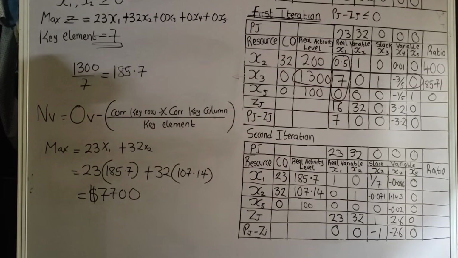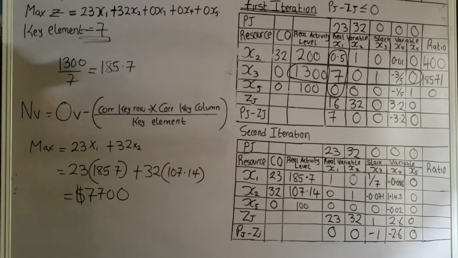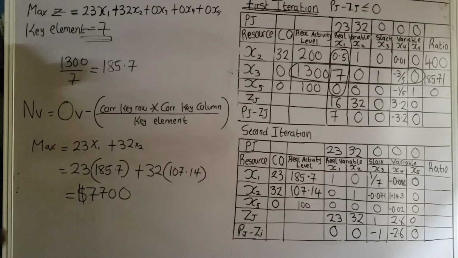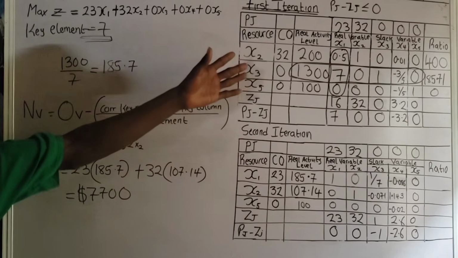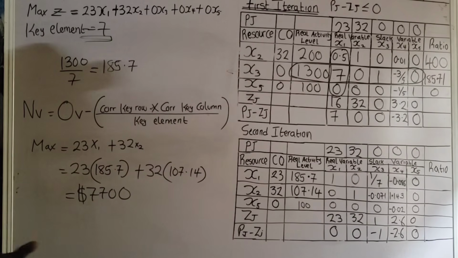After getting your key row and the key column, the element that intercepts the key column and the key row will be your key element. After getting the key element, you are going to use it to compute the data for the new values of the first iteration. After that, you are going to check whether the Pj minus Zj, which is the net evaluation, is less than or equals to 0.